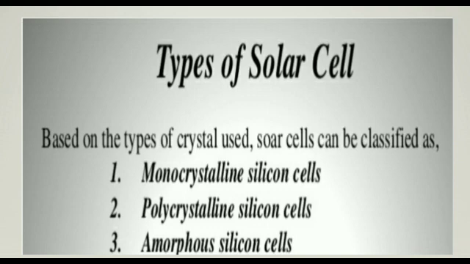So these are the three types of solar cells: monocrystalline silicon, polycrystalline silicon, and amorphous.